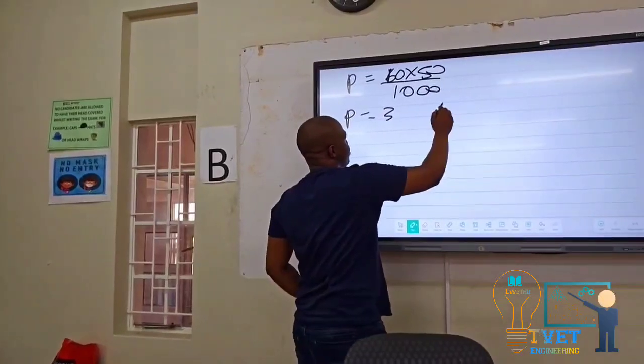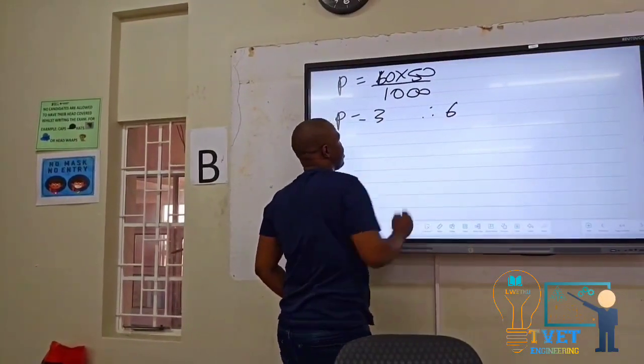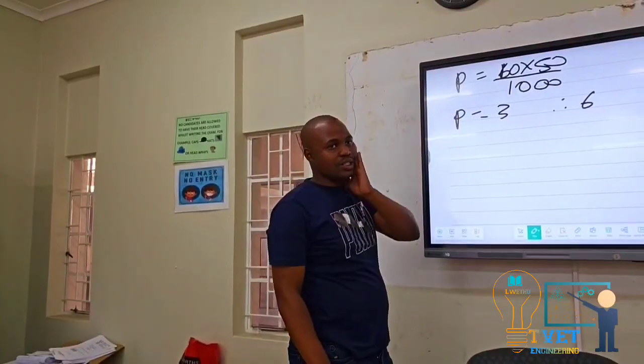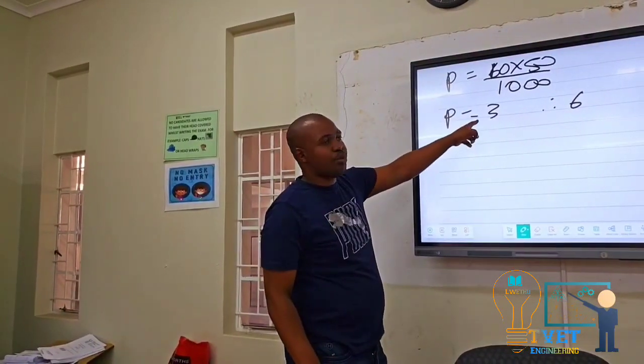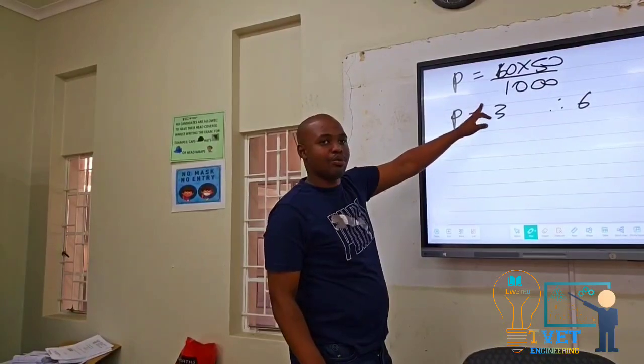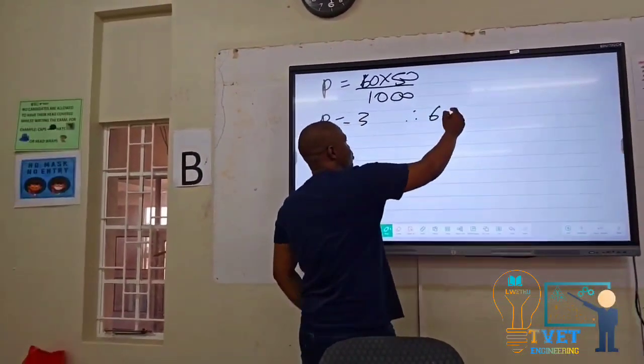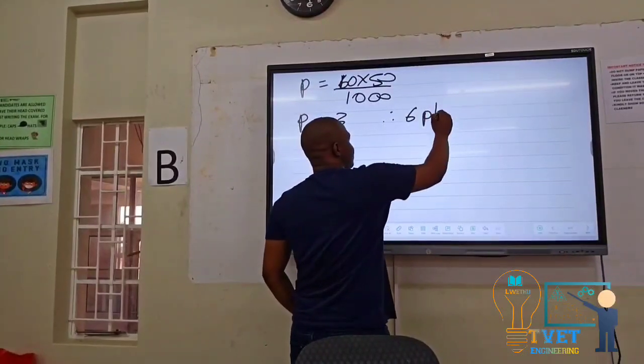That means how many poles do we have? Remember, P is the number of pole pairs, not the total number of poles. So there are 3 pole pairs. That means the total number of poles is you multiply that by 2.